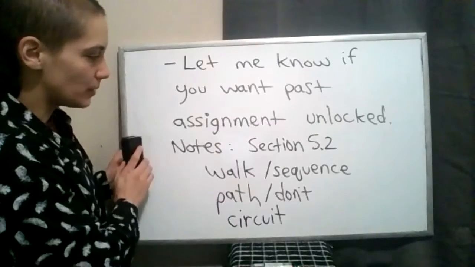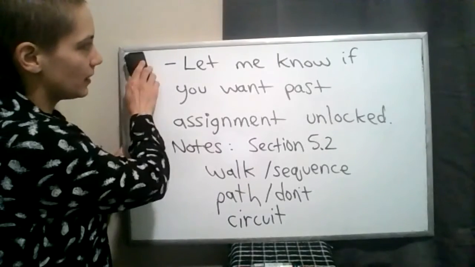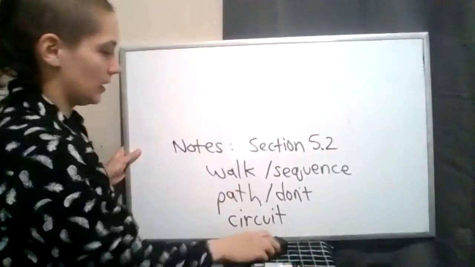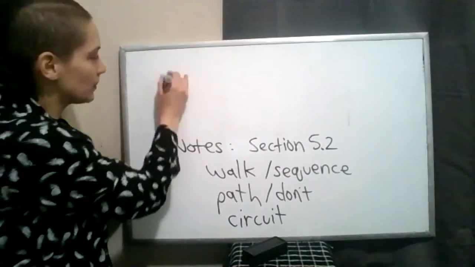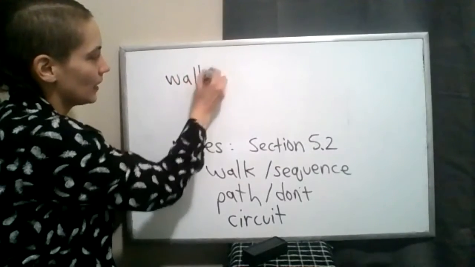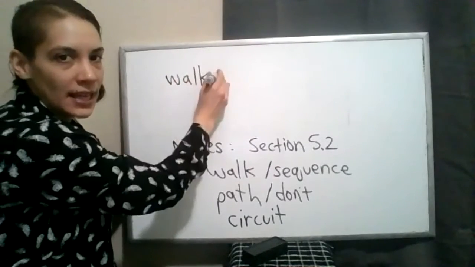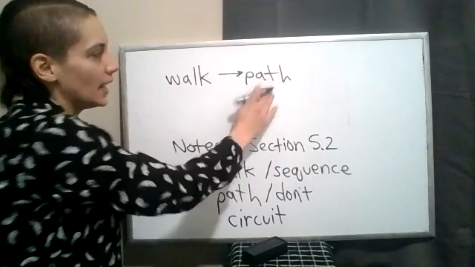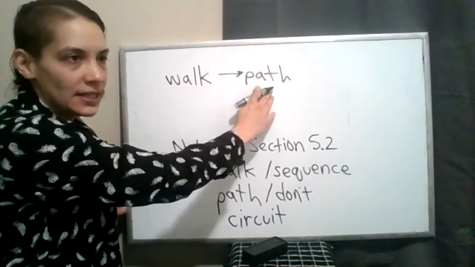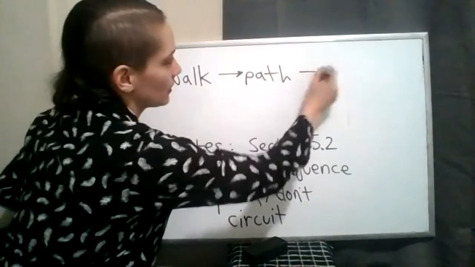And I think what would be good is if I drew this. Usually first I see is it a walk? And if it is, then can it be a path? And then if it's a path that starts where it ends, that makes it a circuit.